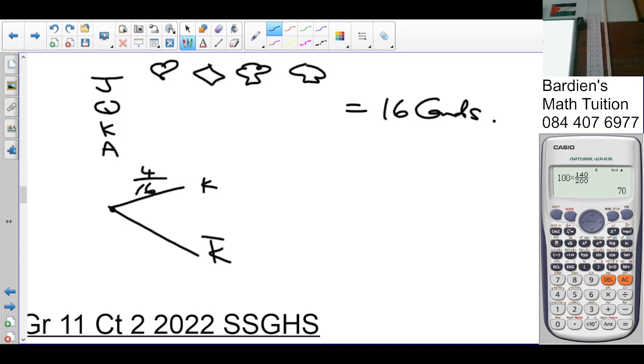How many non-kings are there? 12 out of 16. Now, that is on the first draw or the first event. Let's look at the second draw. If we draw a king first, can I draw a king again?